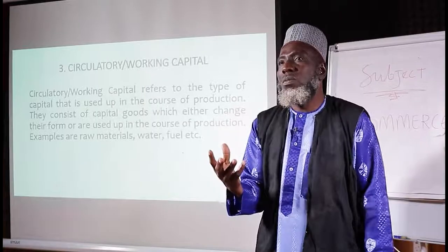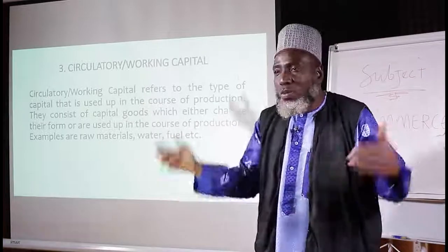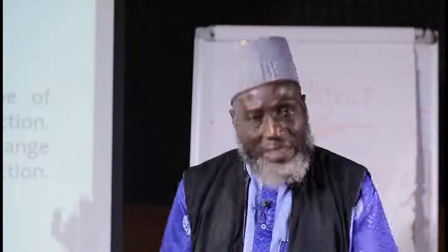You cannot produce goods of whatever form without converting raw materials, because the raw materials are normally converted into finished goods, into products that are used, into products that are sold. So those things that you buy as raw materials, that you process, that you manufacture in order to have the final goods, are what we refer to as circulatory or working capital.